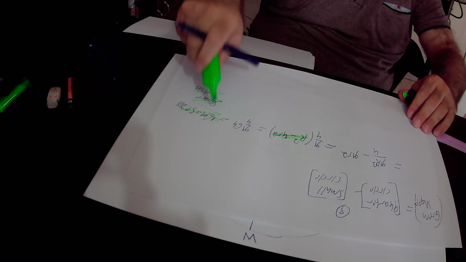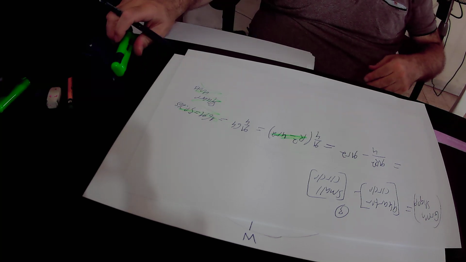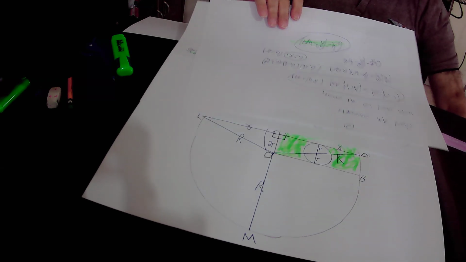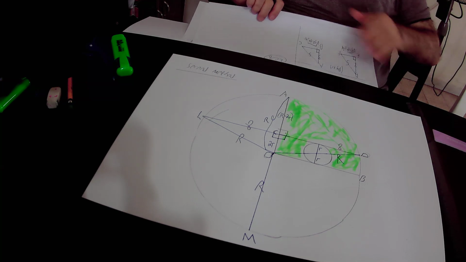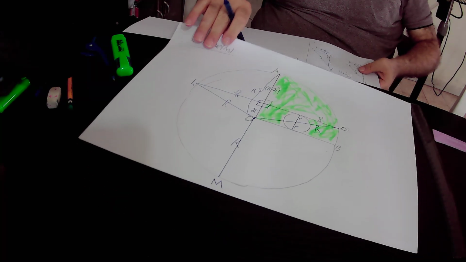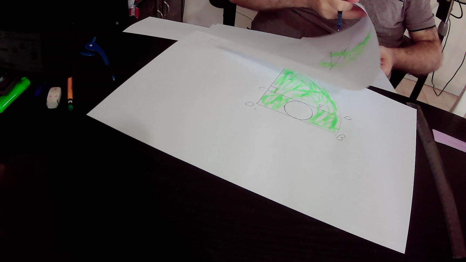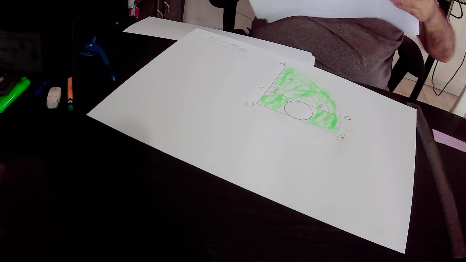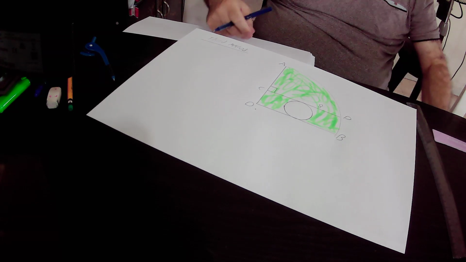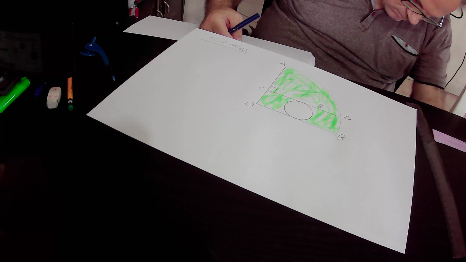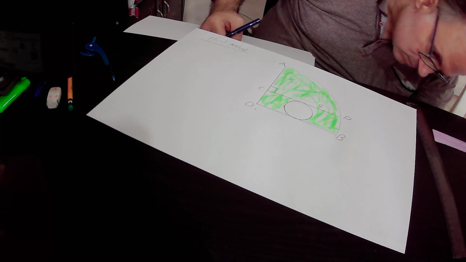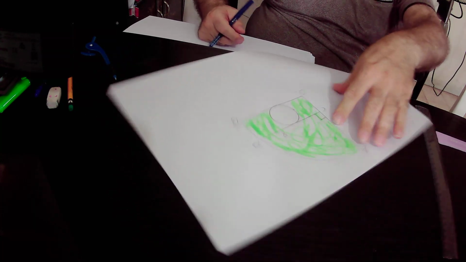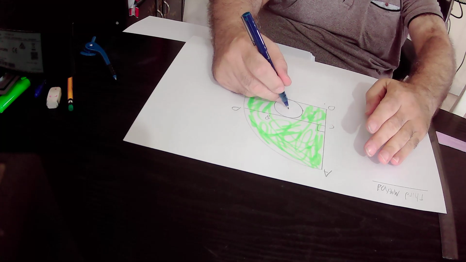In the next step I present to you the third method. So this is the center of the small circle.